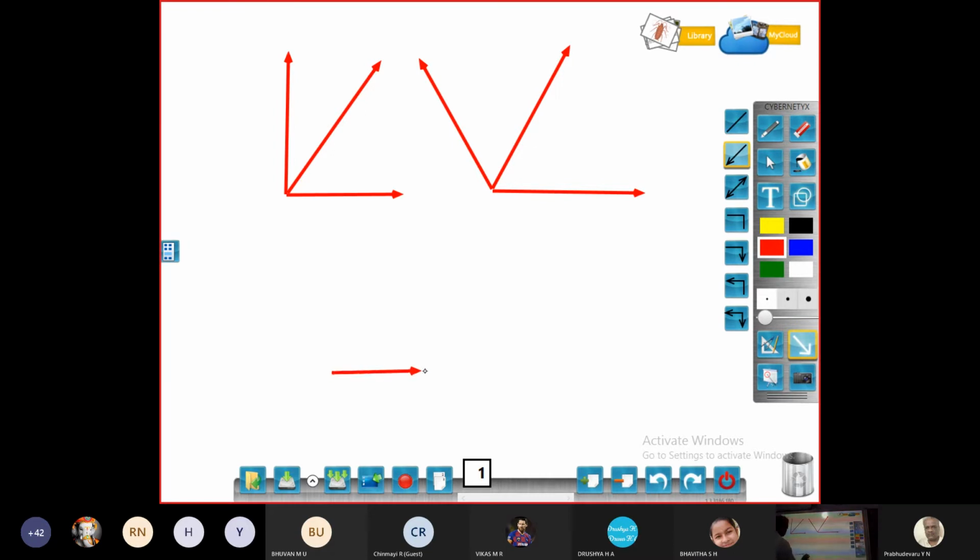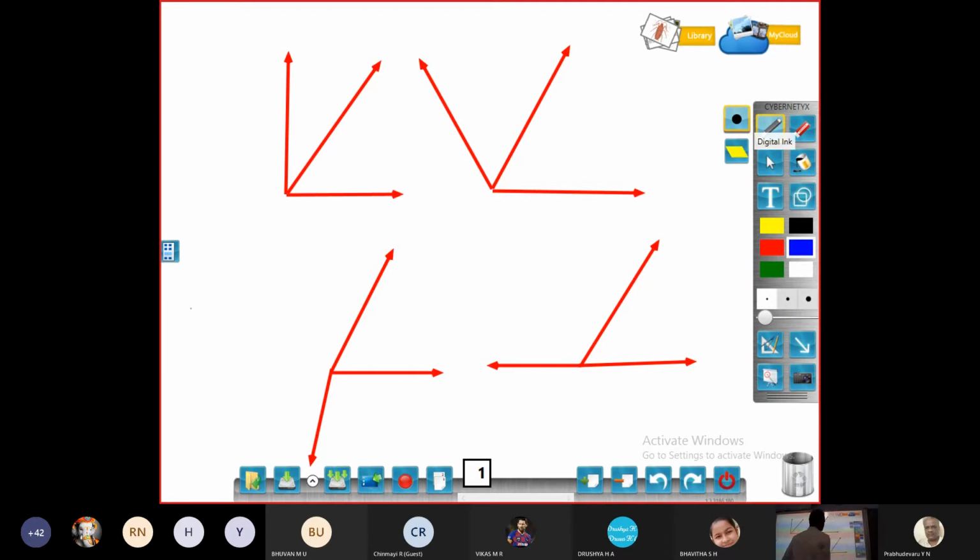Then one more pair of adjacent angles. So here we have taken 4 pairs of adjacent angles. On these 4 pairs, let me mention the angles.